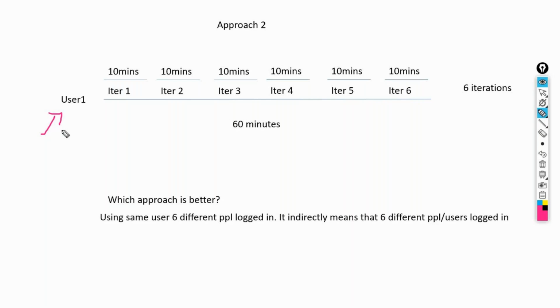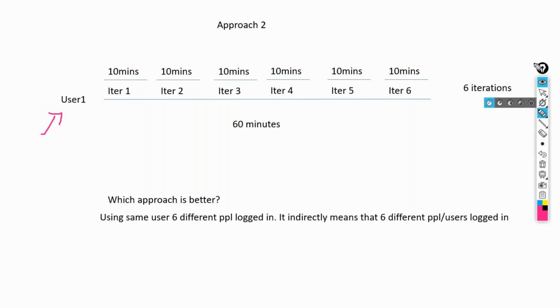So here also in this example, from the application perspective, in each iteration we passed a different username and password. In such a way, indirectly there are 6 different users who logged in in this case as well. Okay, any questions?